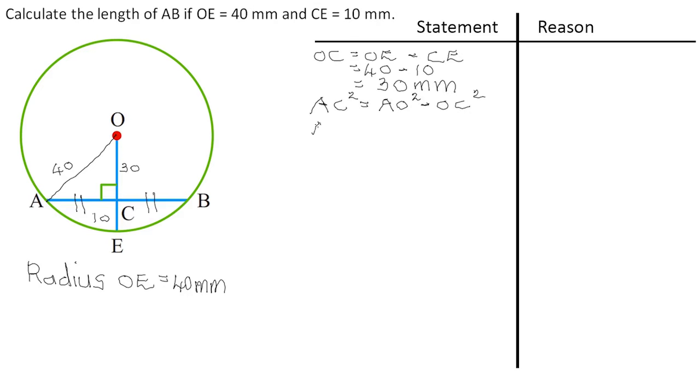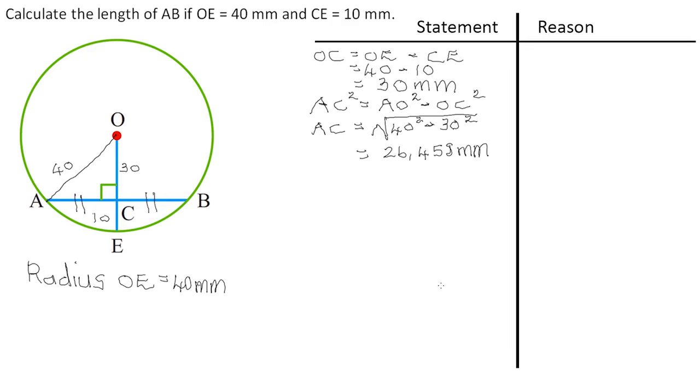Now let's solve AC. So much straight away, then just substitute afterwards. AC will therefore be equal to the square root of AO, which is 40 squared, minus OC, which is 30 squared. And if I use my calculator, then I will get a value of 26,458, very important, millimeters, because it is given in millimeters.